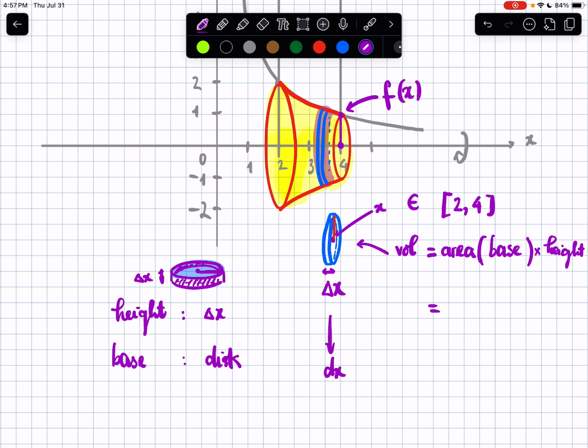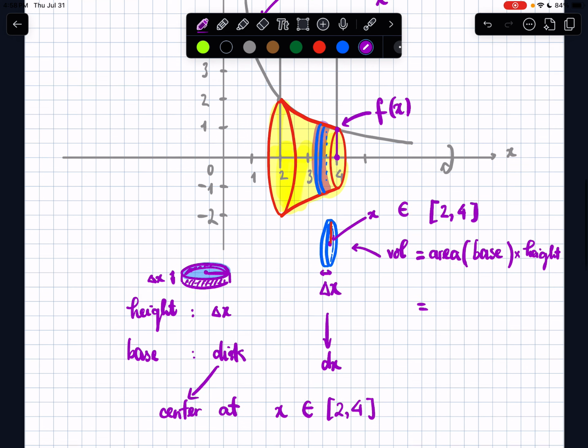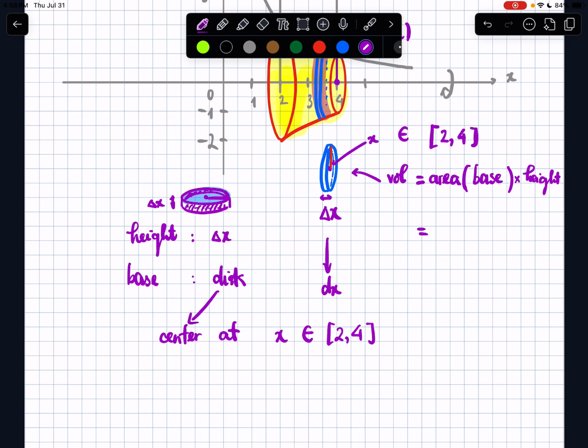So the height is delta x, the base is a disc with center at x between 2 and 4. For each value of x, the distance from the center to the curve, which is the radius of the disc, is f of x. In our case, it is 4 divided by x.